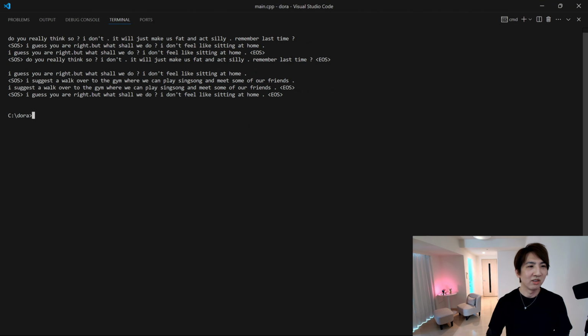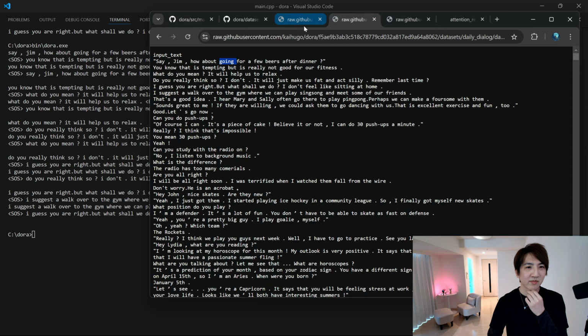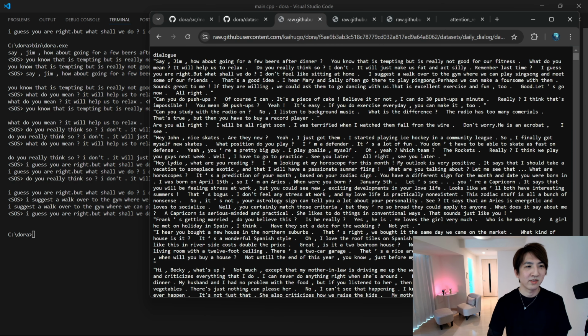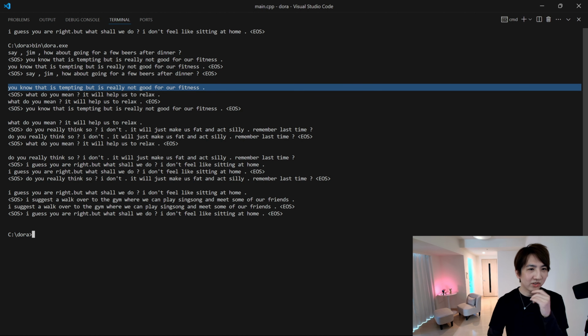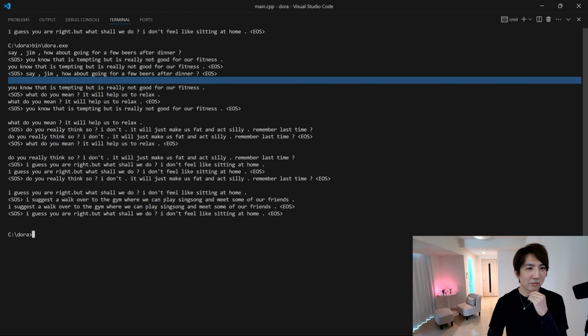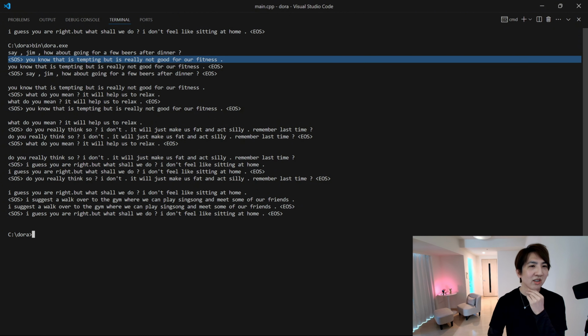And the dataset looks like this. The first lines are inputs for the encoder, and the second lines are inputs for the decoder.